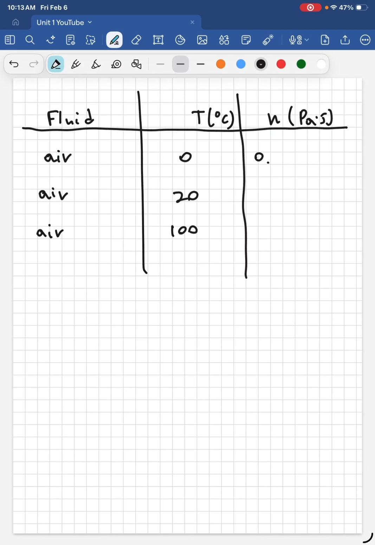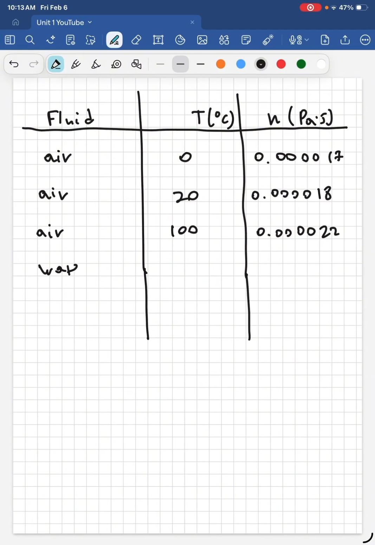So 0.000017, lots of zeros, 0.000018 at 20 degrees, and then 0.000022 at 100 degrees. So you see how viscosity increases.